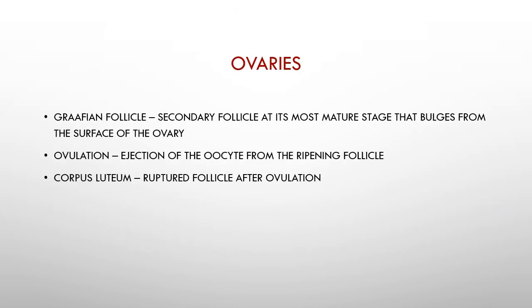As we continue from that secondary follicle all the way up until a Graafian follicle, this is our matured follicle. At this point, we're going to have a very large antrum inside, a large fluid-filled portion. And that's what's going to help propel the oocyte out during ovulation.